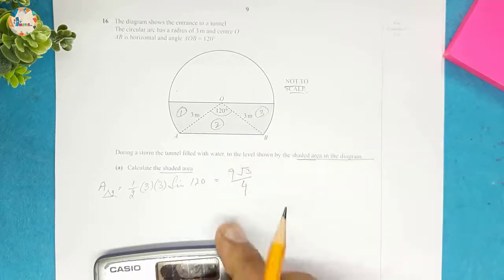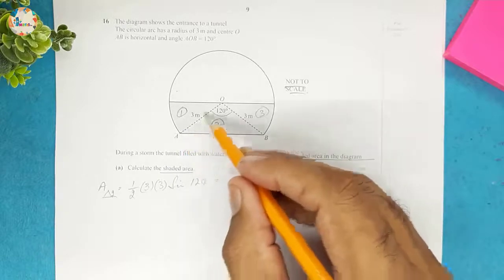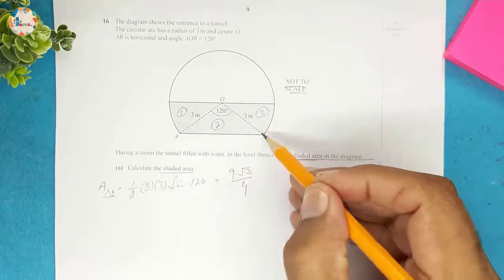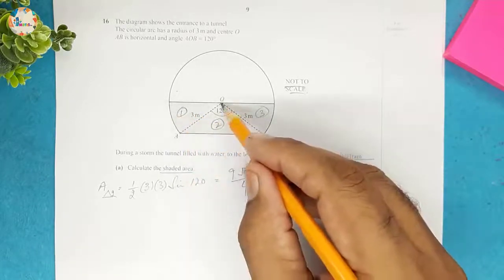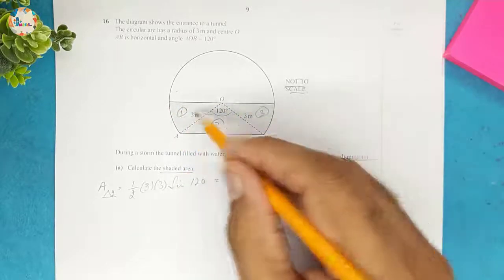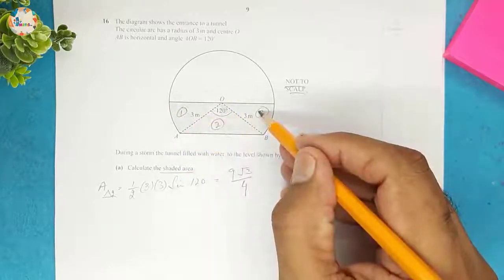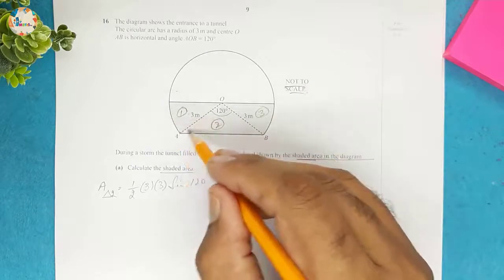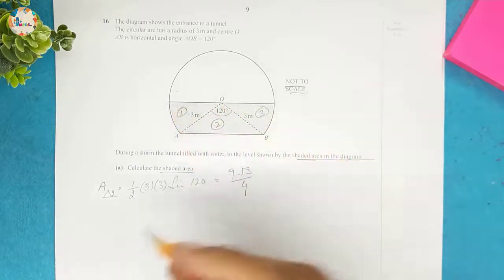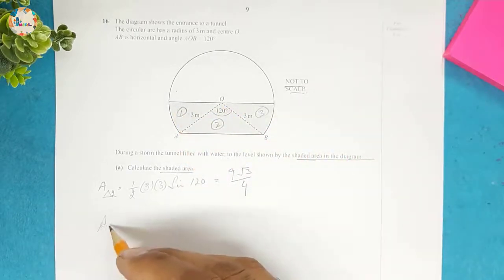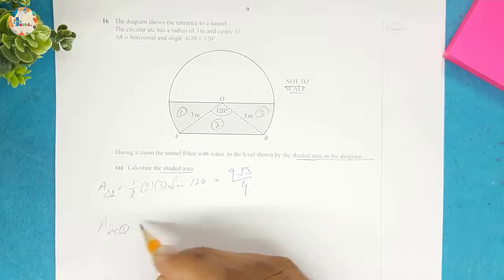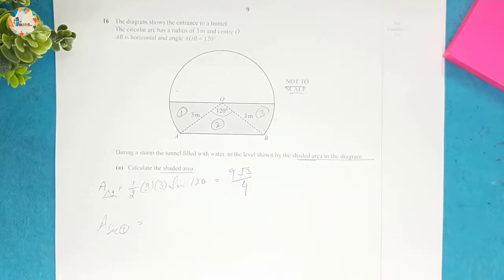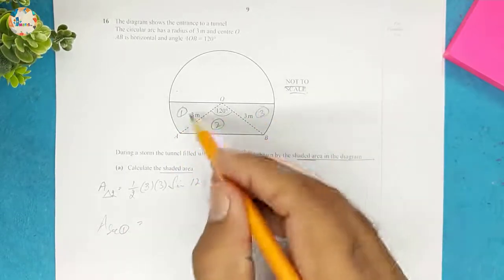This one will be for AOB. Now we can find the sector. Sectors 1 and 3 are equal in size. So if we find the area of sector 1 and double that area, that will be for these two.